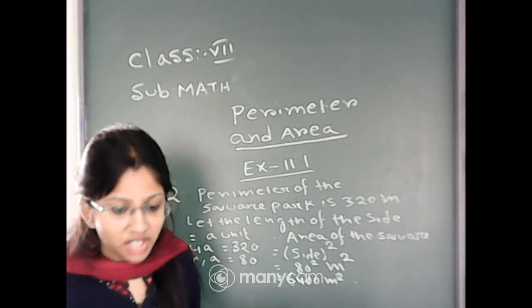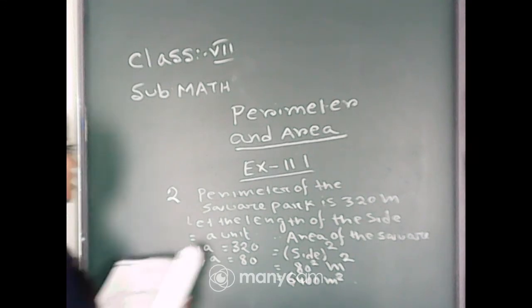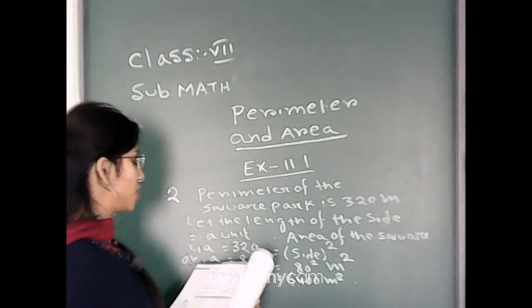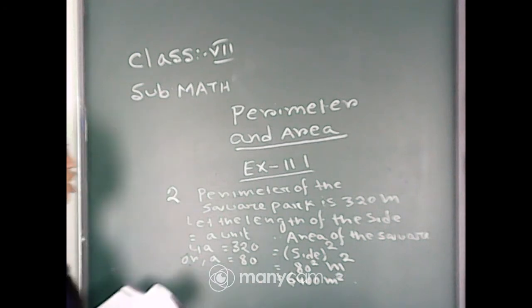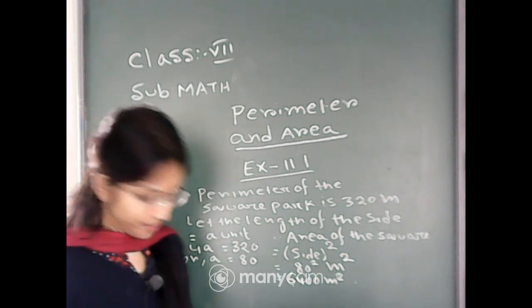Yes, Saptarshi, the answer is 6,400 meters square. Since the length of the side is equal to 80, area of the square is 80 squared, that is 6,400 meters square.